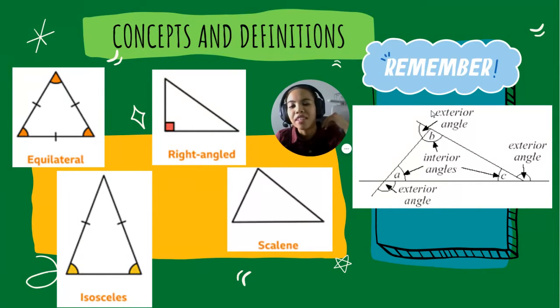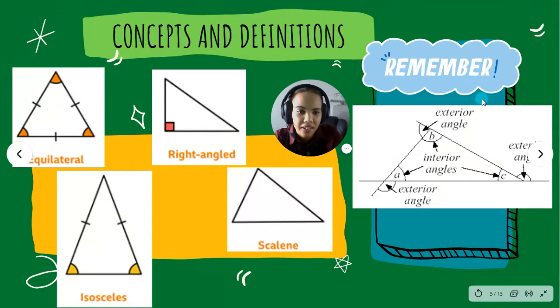Well, here, interior angles because they're inside the triangles. And then the opposite, if they're outside the triangle, like these threes here, those are exterior angles. Okay.